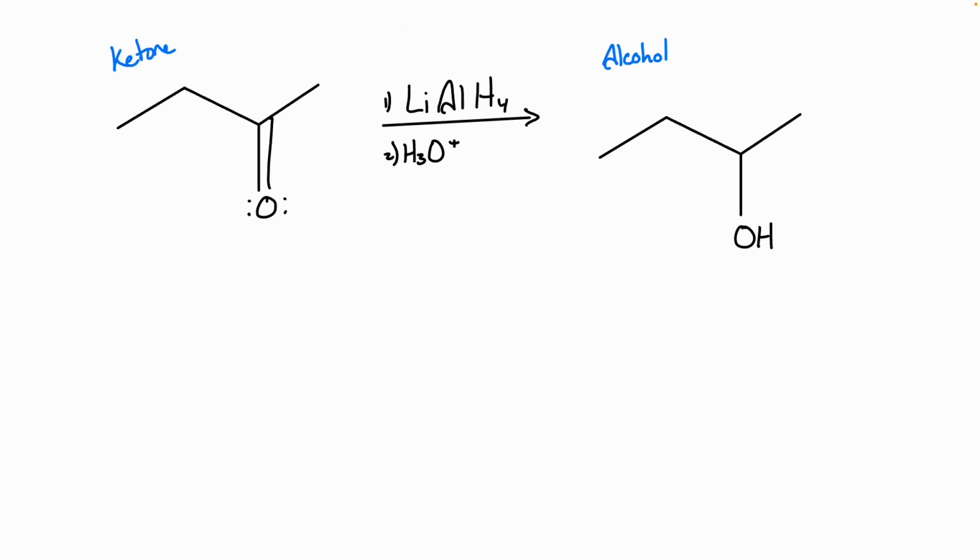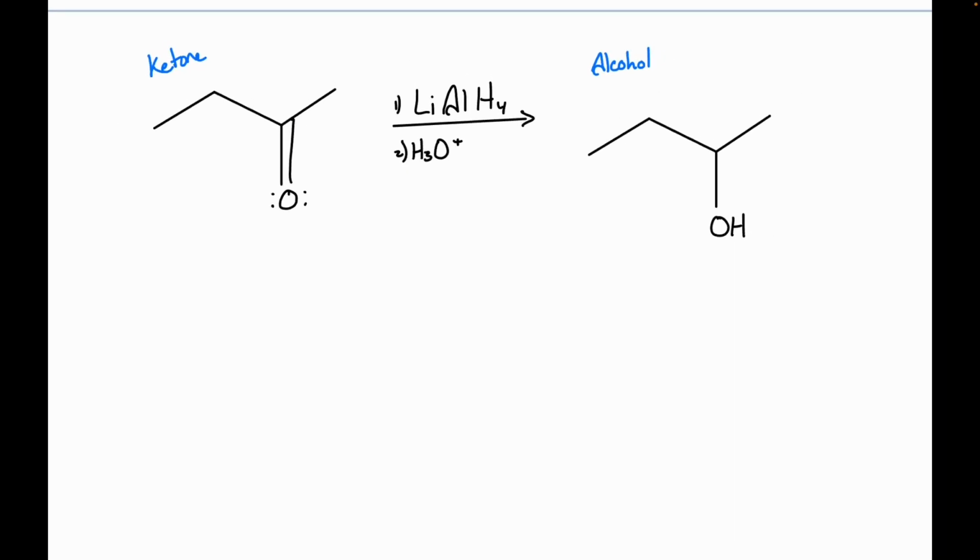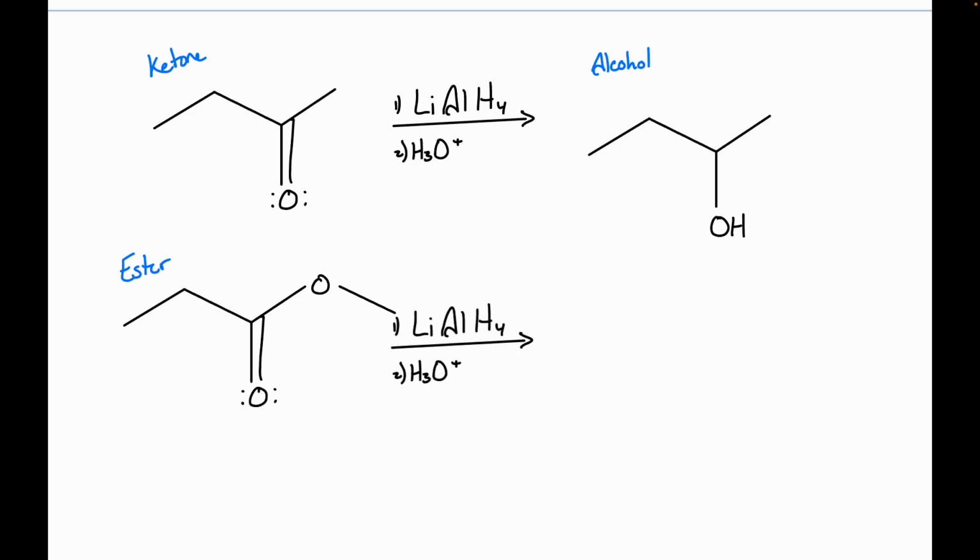All right, it turns out that if you started out with another carbonyl-containing functional group, a little different, one that we haven't yet talked about in lecture but we've seen a few times, especially in the lab, an ester, and we treat it with that same reducing agent, we actually would get an alcohol.